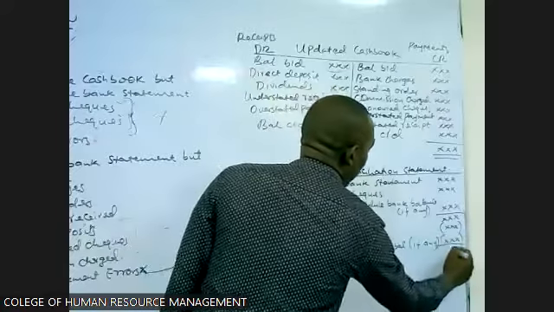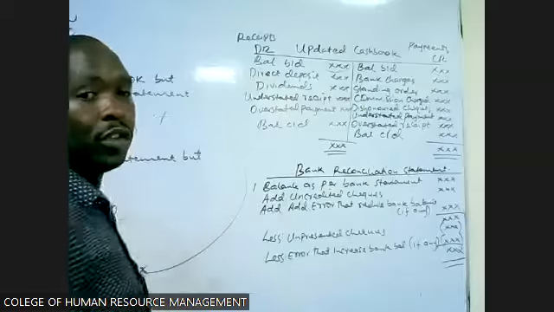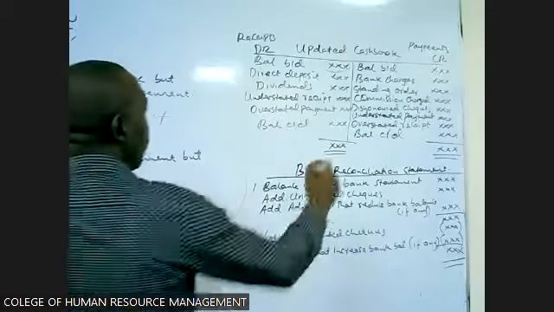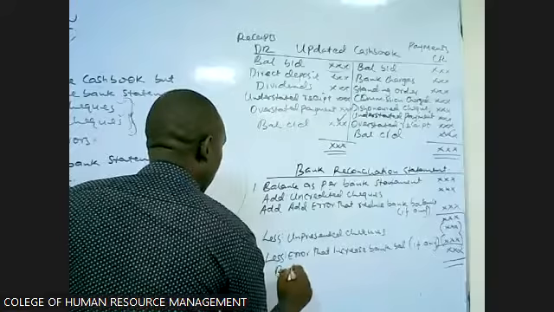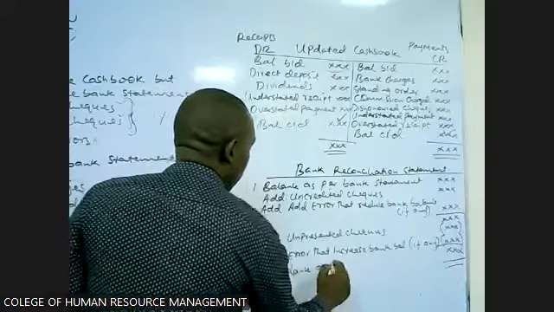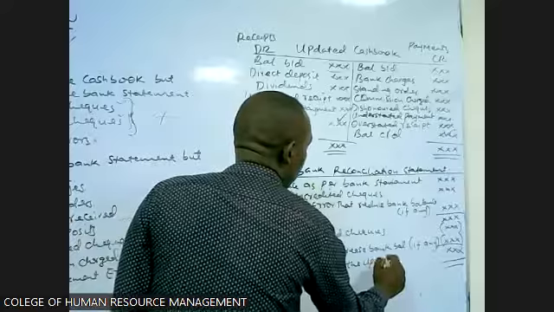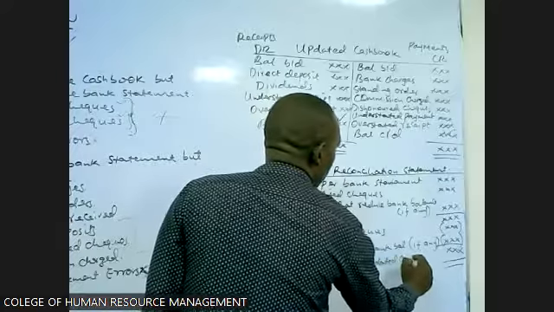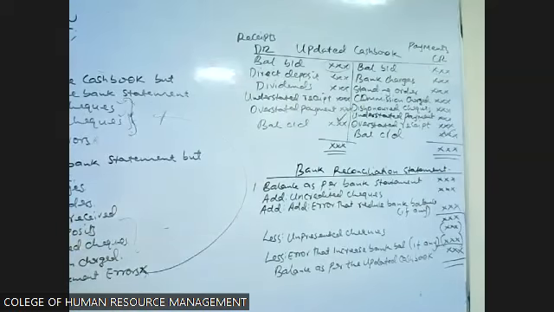So that you can arrive at a figure there, which is supposed to be the same as this or this: balance as per the updated cash book. That becomes your bank reconciliation statement. That is format one.